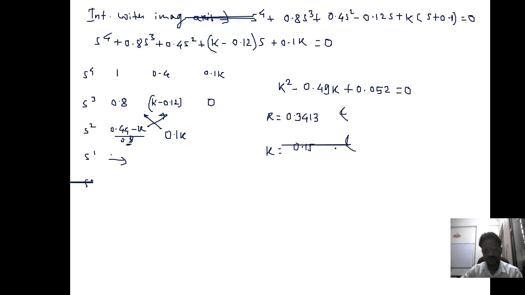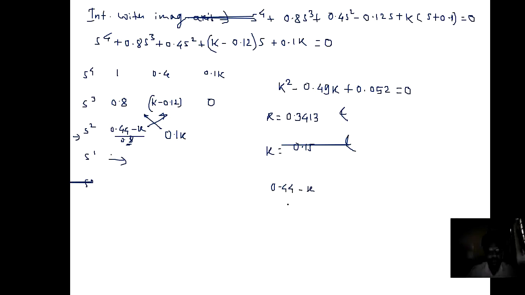And if we put k equal to 0.3413 in the auxiliary equation, which we will get here, like 0.44 minus 0.3413 divided by 0.8 s square plus 0.1k. So the quadratic equation will be 0.44 minus k divided by 0.8 s square plus 0.1k equal to 0.